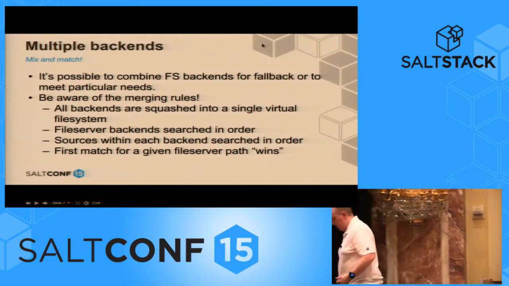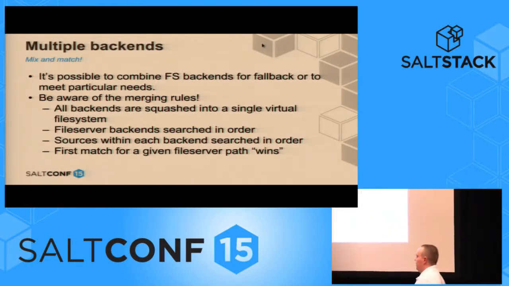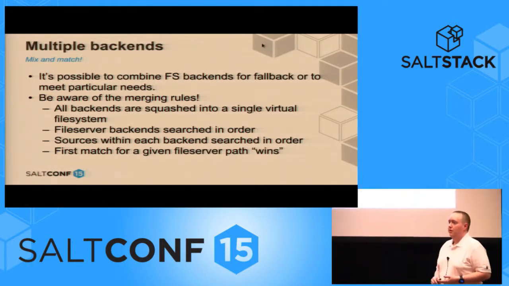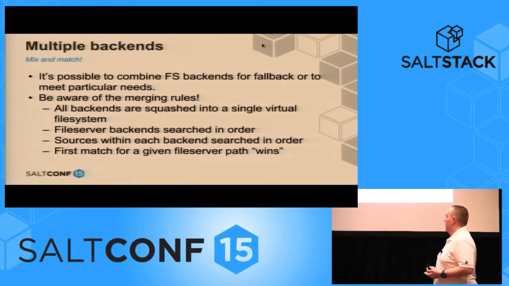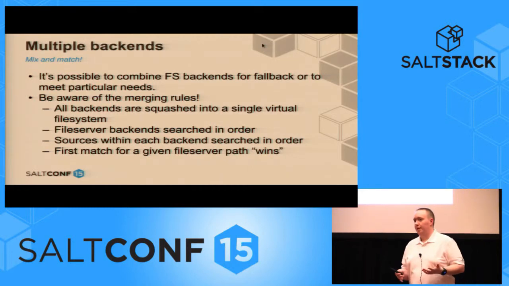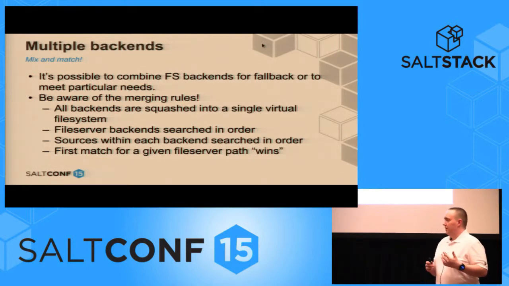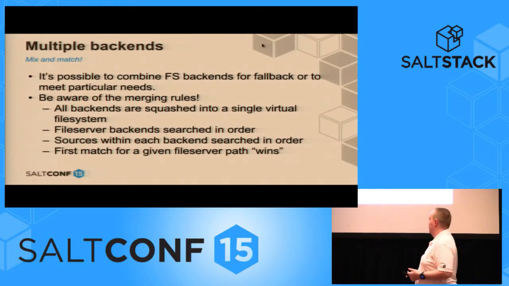So you can also, as you might have seen in my config example, have more than one backend. You can mix the roots backend, which is the default backend, with Git or Mercurial or Subversion or all of them. The one thing that you need to make sure you're aware of are, again, those merging rules that I mentioned earlier.